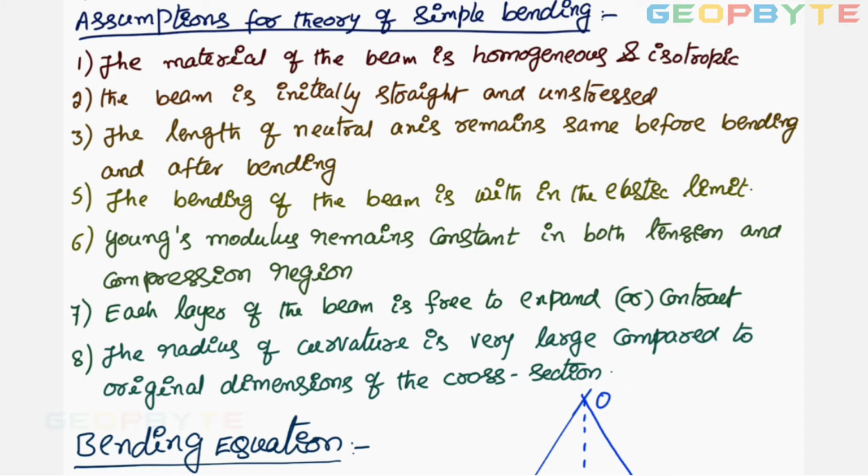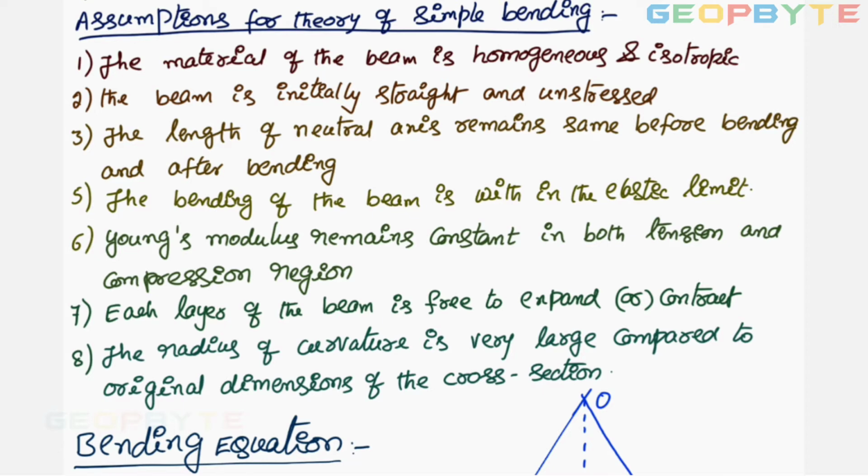And the beam is said to be isotropic if it maintains the same elastic properties in all directions from a particular point. That is the meaning of isotropic. Once again, a homogeneous beam maintains uniform cross section, and isotropic means the beam maintains the same elastic properties in all directions. That is the first assumption.